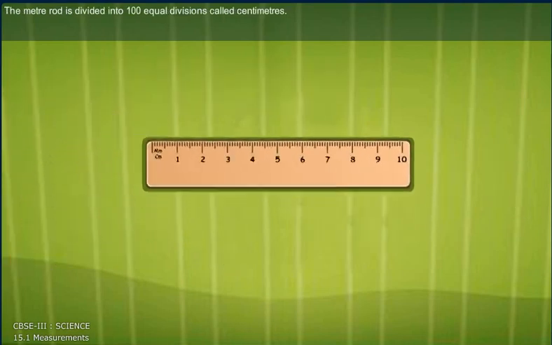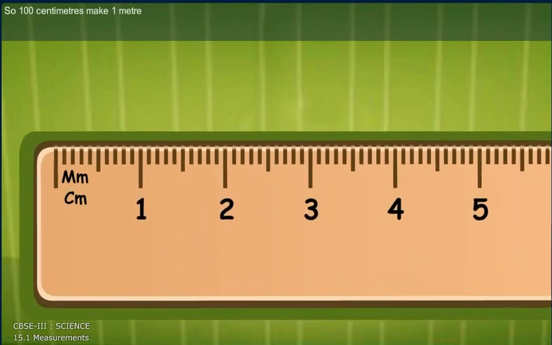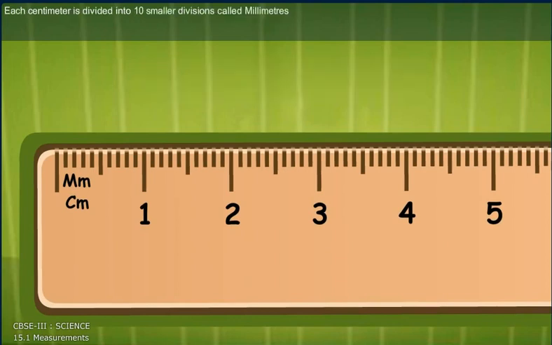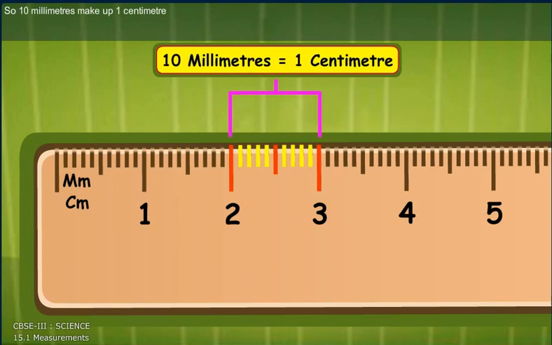The meter rod is divided into 100 equal divisions called centimeters. So, 100 centimeters make 1 meter. Each centimeter is divided into 10 smaller divisions called millimeters. So, 10 millimeters make up 1 centimeter.